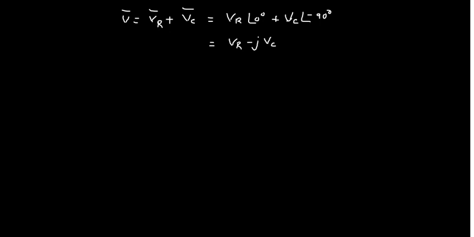Now if you want the magnitude, we can write it as the square root of VR square plus VC square.